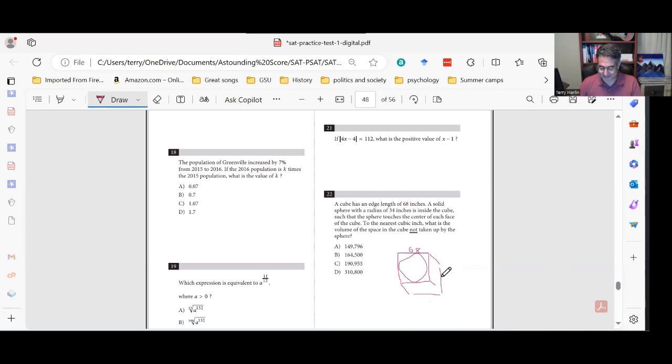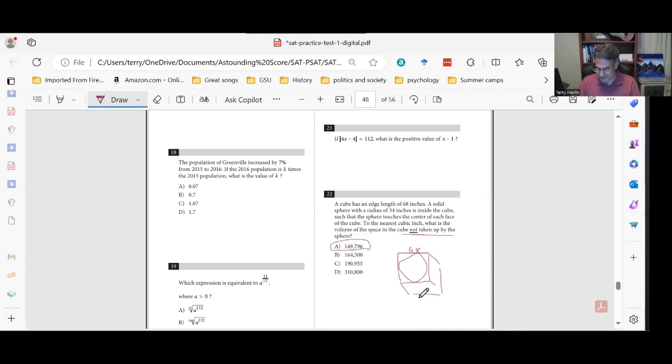That gives me 314,000. Well, I need something that's less than half of that, because I know the sphere is going to take up more than half of that space. So the answer to the question is something less than half of that. And the only number that's less than half of that is A.